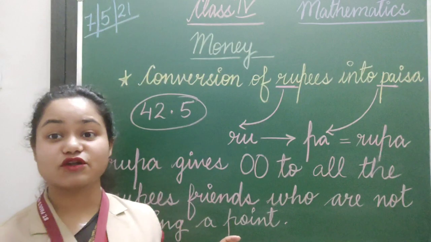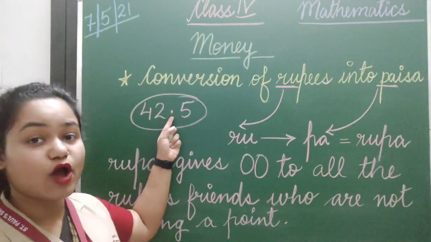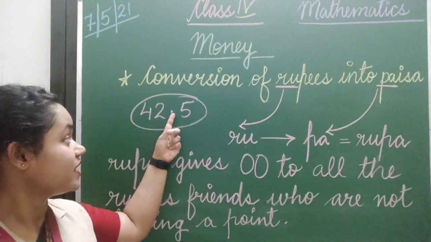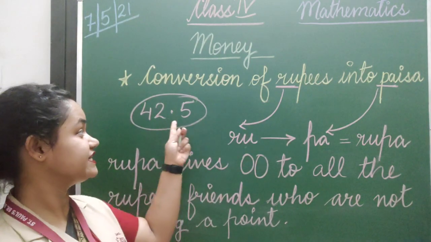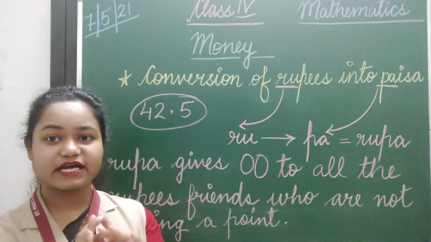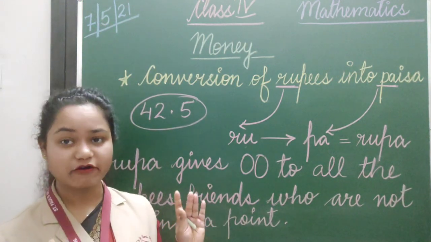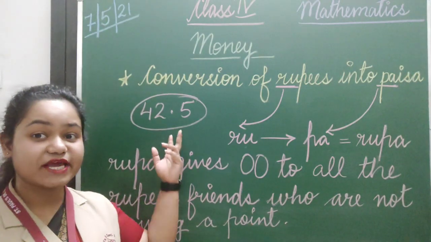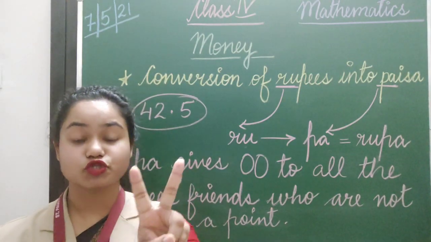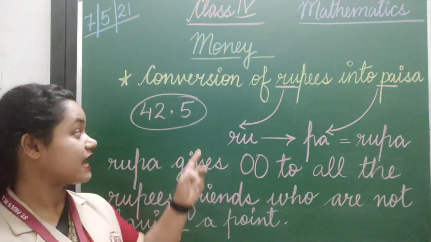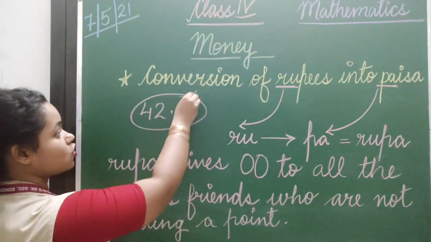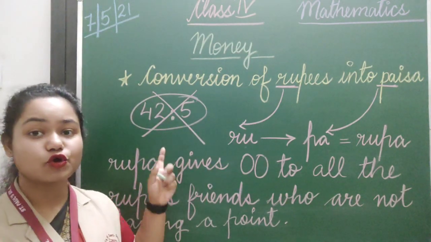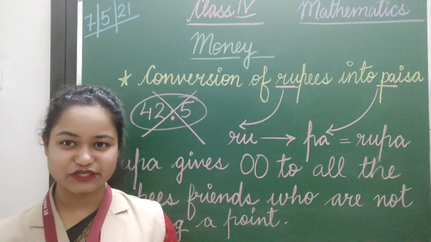Rupa does not like friends who have a point, a decimal here. So Rupa does not give 2 zeros to these friends. She does not consider them to be her friends. So when you talk about Rupa, she only gives 2 zeros to her friends who are not having this decimal. So these kind of numbers are not Rupa's friend. Understood? Alright.